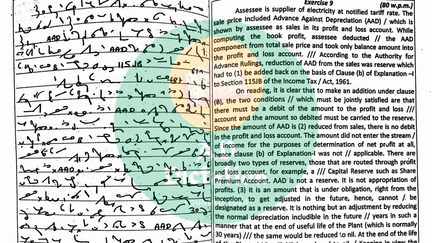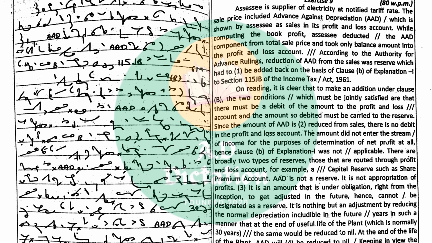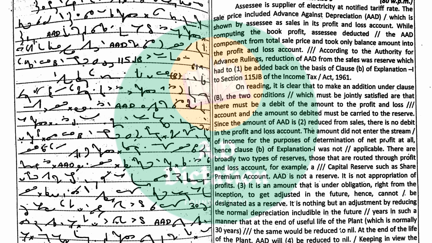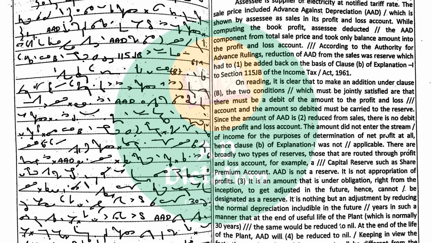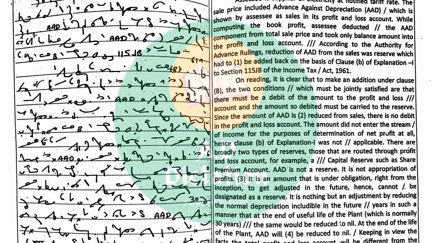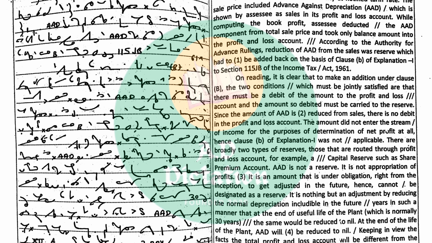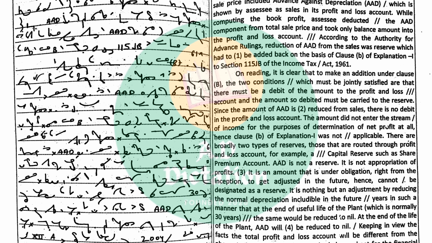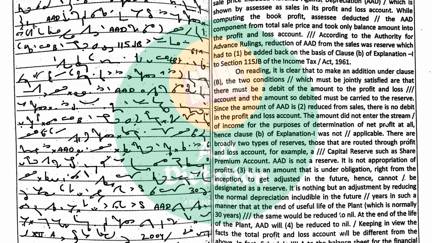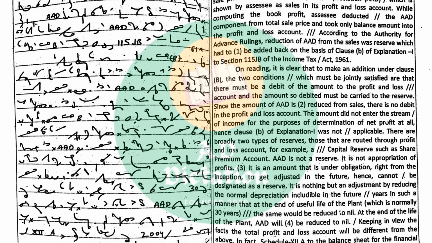On reading, it is clear that to make an addition under clause (b), two conditions must be jointly satisfied: there must be a debit of the amount to the profit and loss account, and the amount so debited must be carried to the reserve.